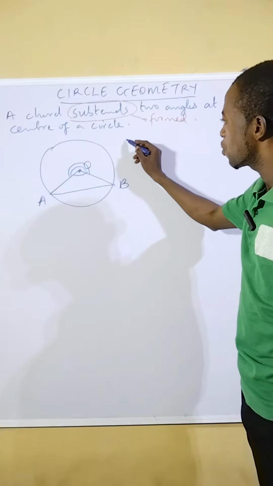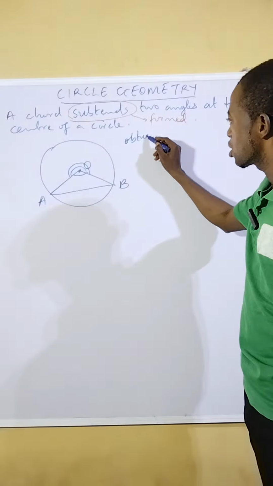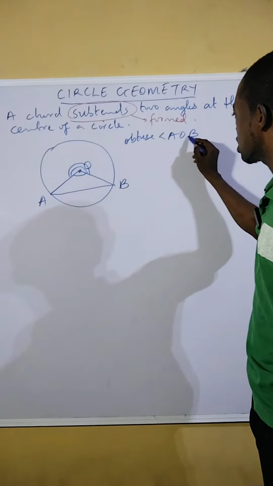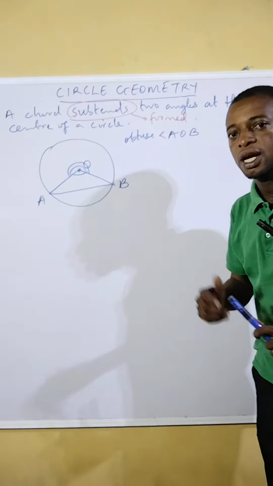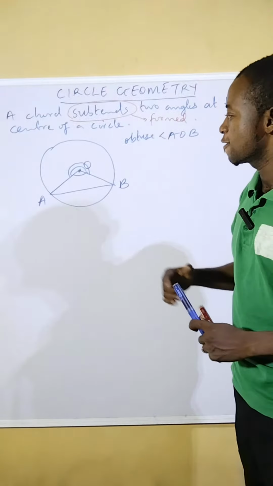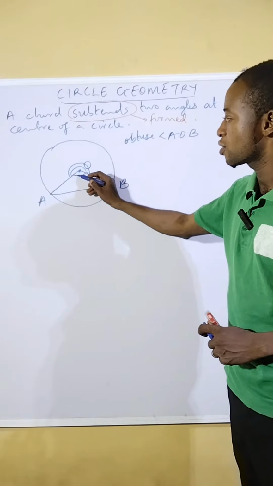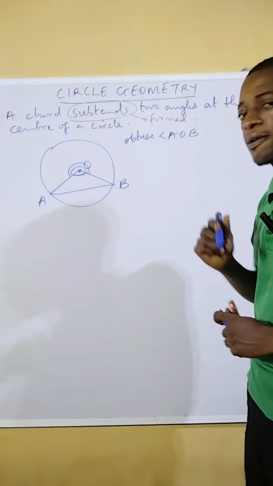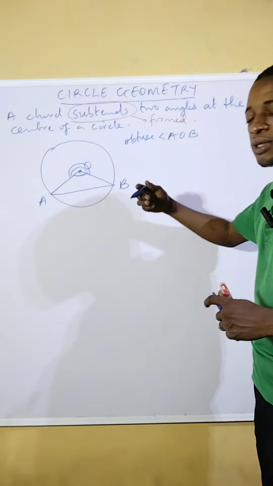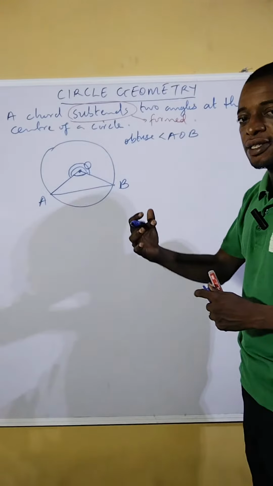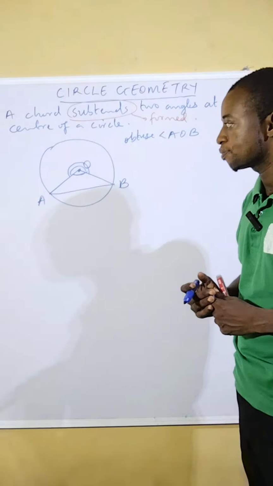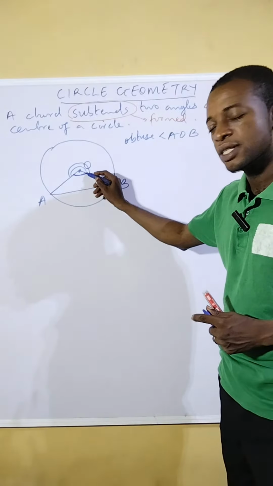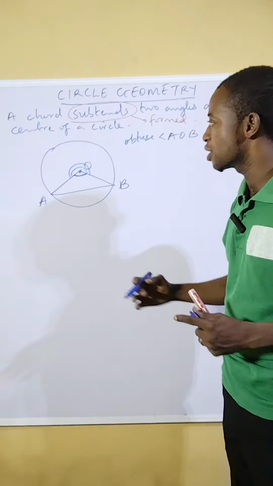The one inside is called the obtuse angle AOB. We use three letters whenever we label an angle. And the letter of the vertex that contains that angle will be in the middle, connecting the other two points. Obtuse angles are angles that are greater than 90 but less than 180 degrees.